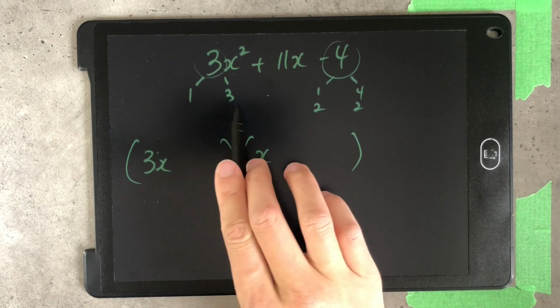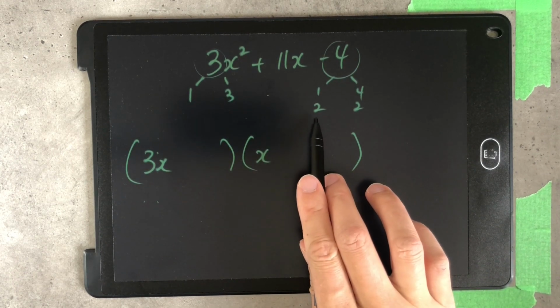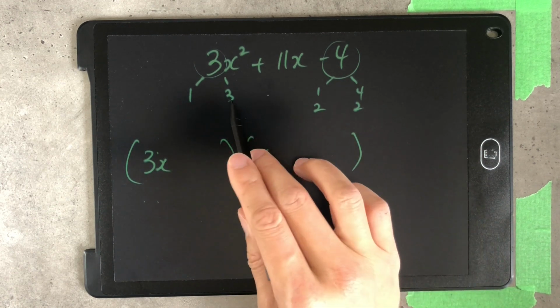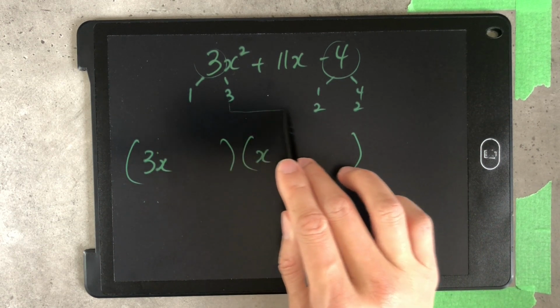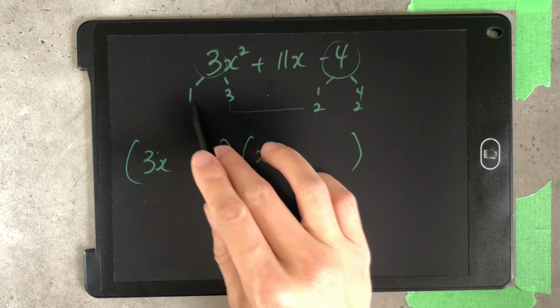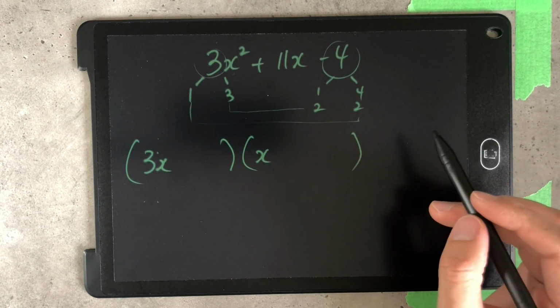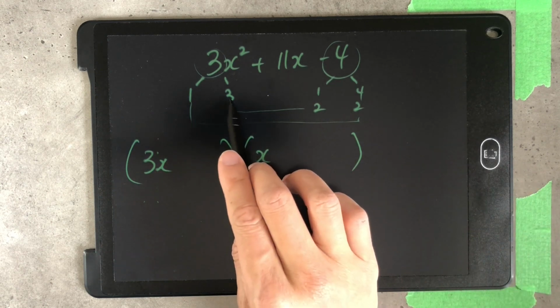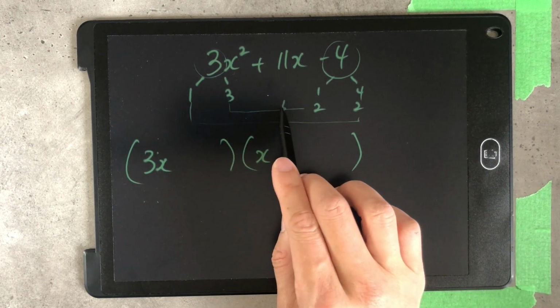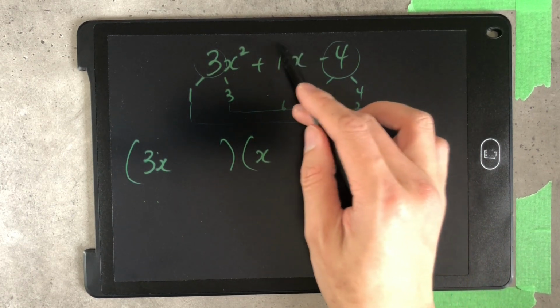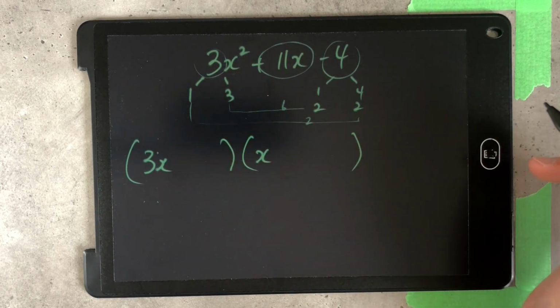So what should we do? One of these numbers will be multiplied by one of these numbers as well, and the other with the other. So let's say I have 3 multiplied by 2 and 1 multiplied by 2. The product of 3 and 2 is 6 and the product of 1 and 2 is 2, there's no way I can get an 11x.